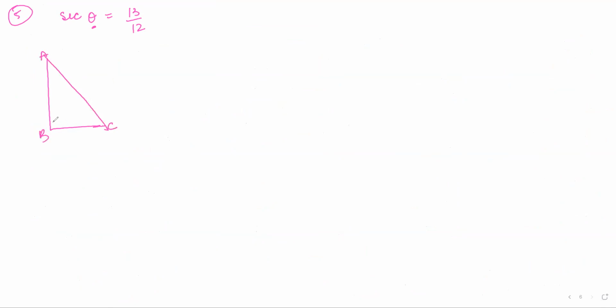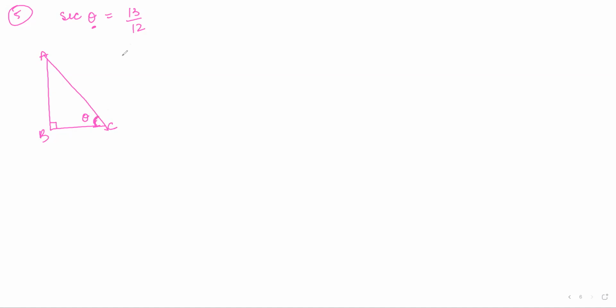Obviously one angle is 90 degrees, which means the other two angles are acute angles. So any of the angles you can name theta. Let me take this angle as theta. Instead of AC, I'm just writing theta this time.